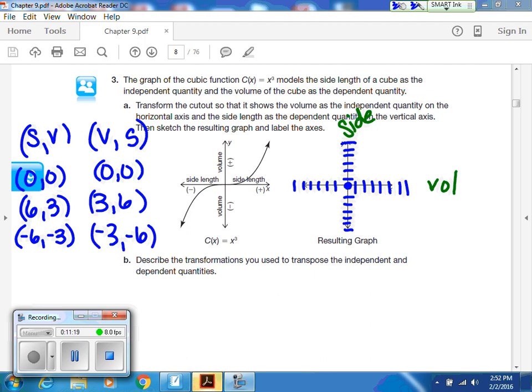So I've got a point at 0, 0, 3, 6, negative 3, negative 6. Is that a function? Yeah, that's a function. It passes the vertical line test.